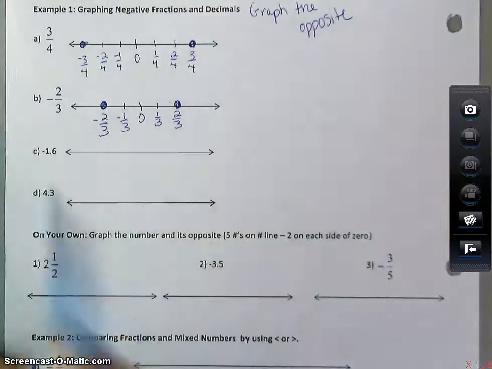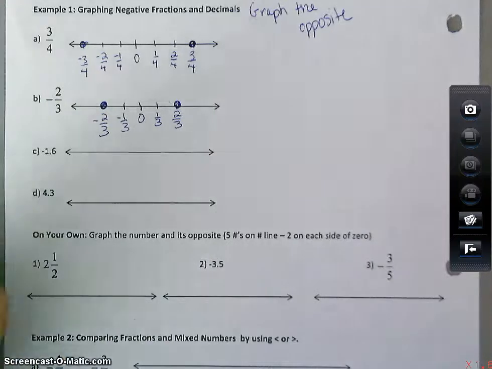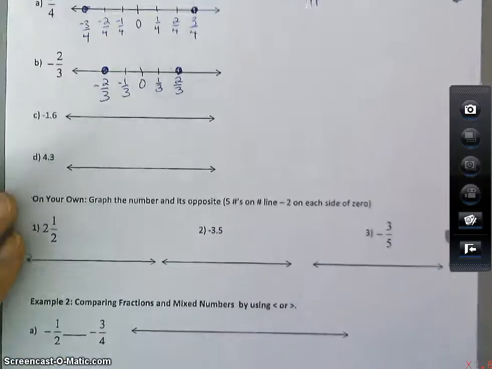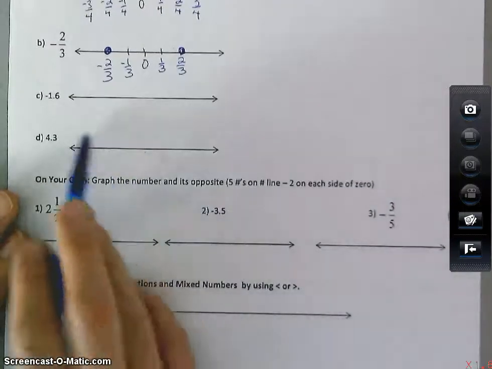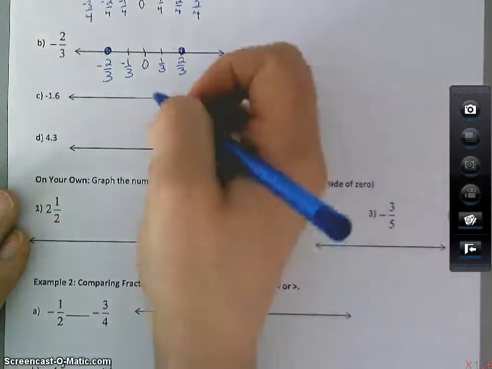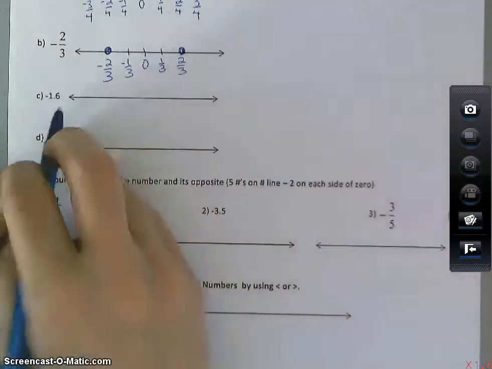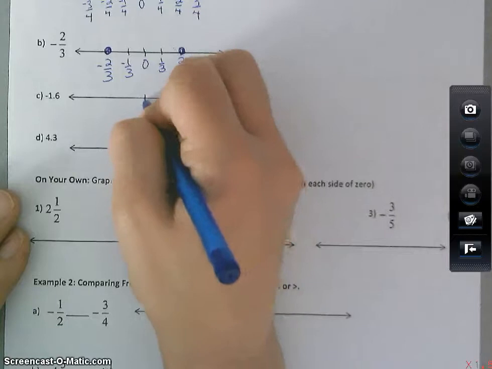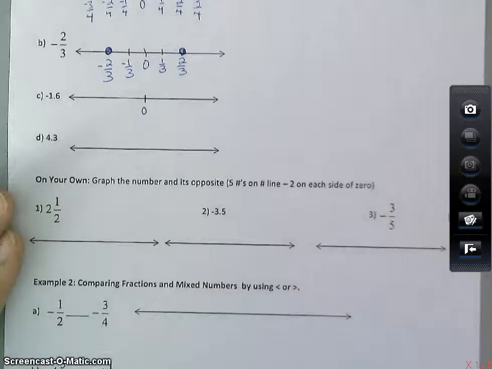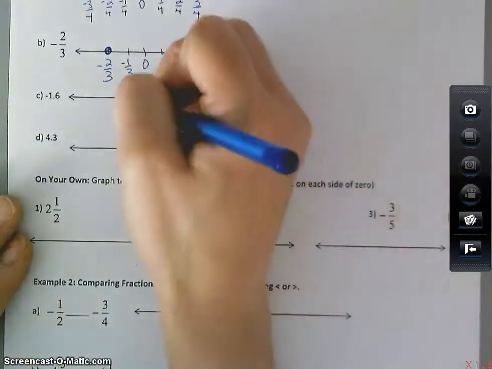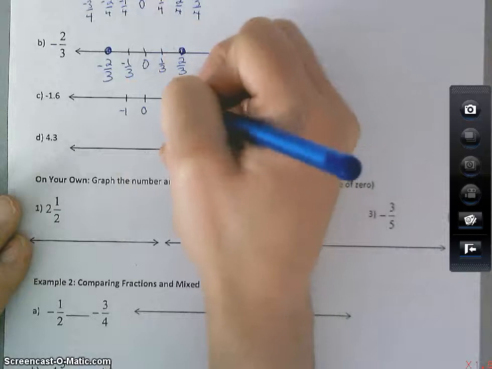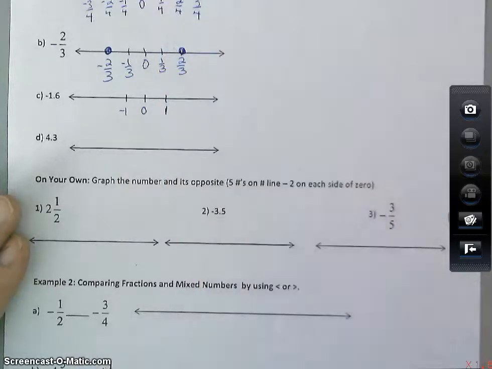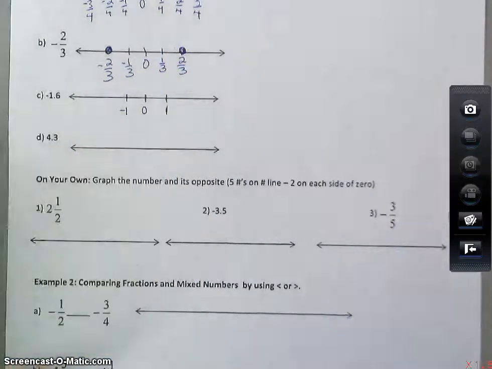Okay, now let's look at -1.6. Now this is our decimal. So now if you notice, I have the tenths here. So if I wanted to start at 0, I could go straight to -1 and +1, but I now have to go to 1.6.